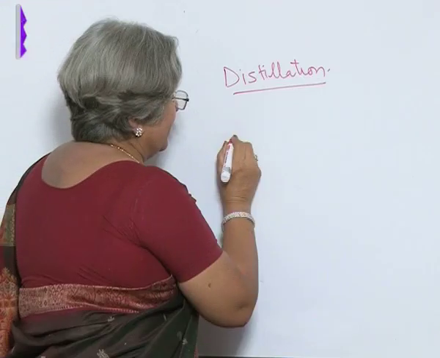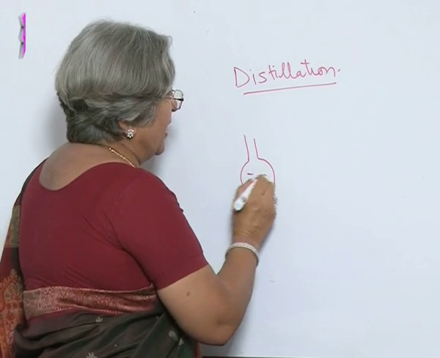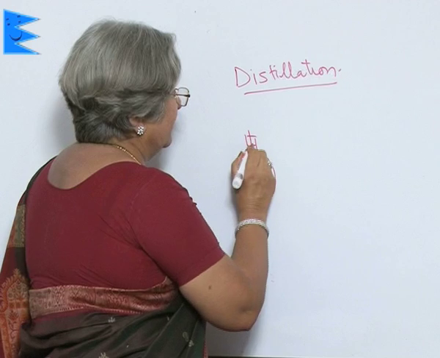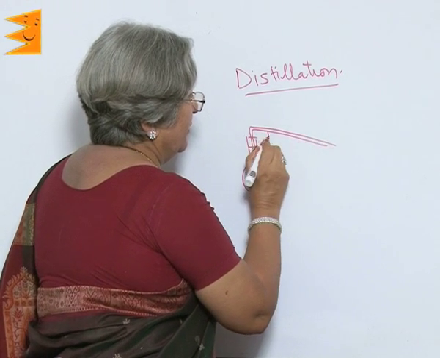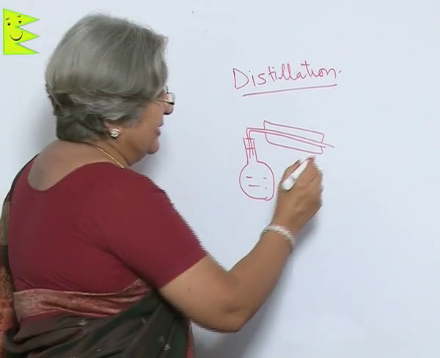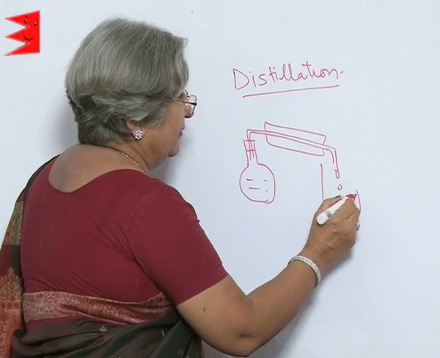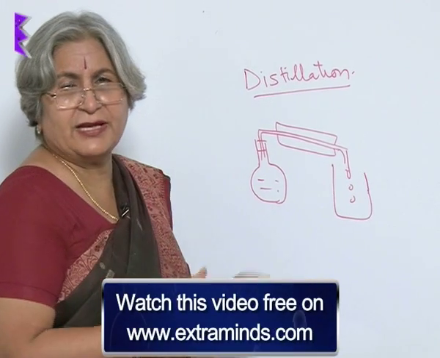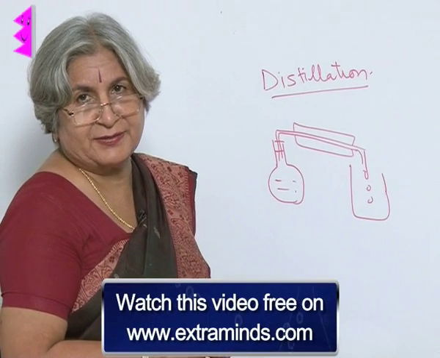In distillation, we take a mixture in a round bottom flask, pass the delivery tube in a condenser, or we can simply put a beaker in a bigger beaker containing ice.